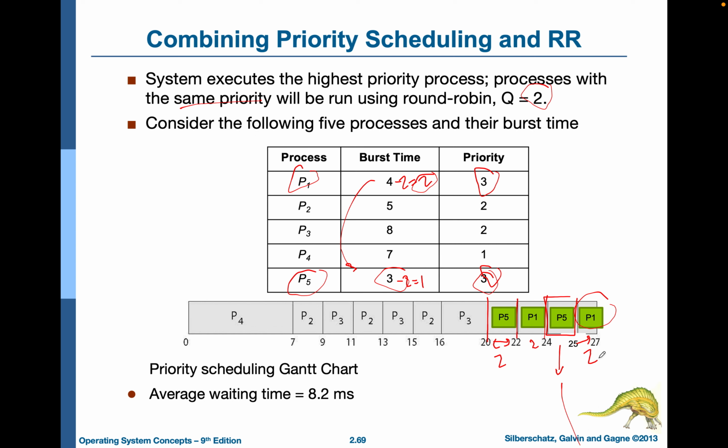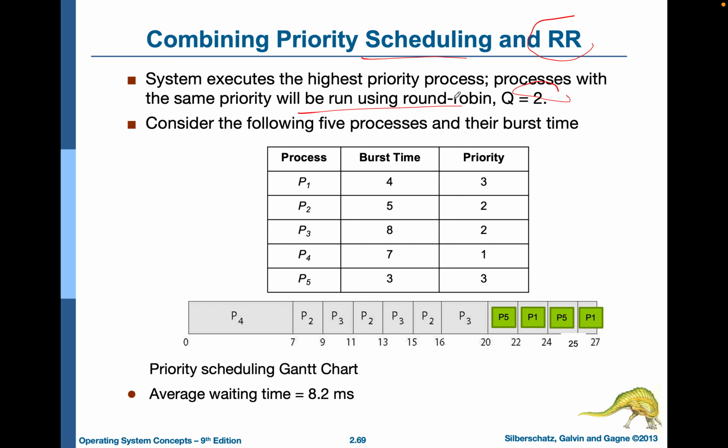So it is not too hard for this combination of priority scheduling and round robin. It's quite easy, but you need to make sure you understand the statement. After that, you can calculate the average waiting time and also turnaround time.